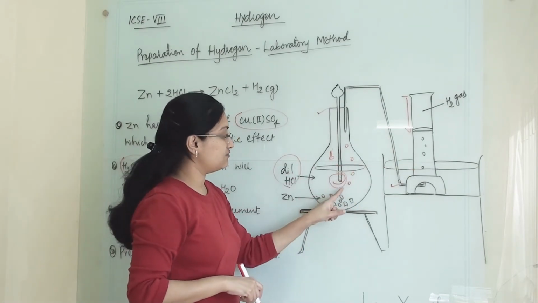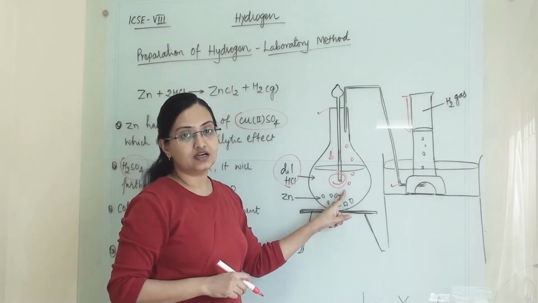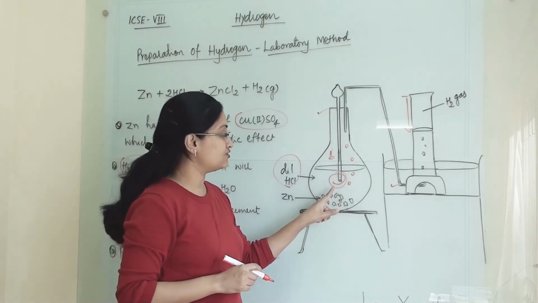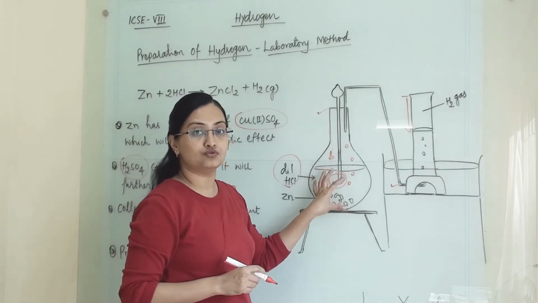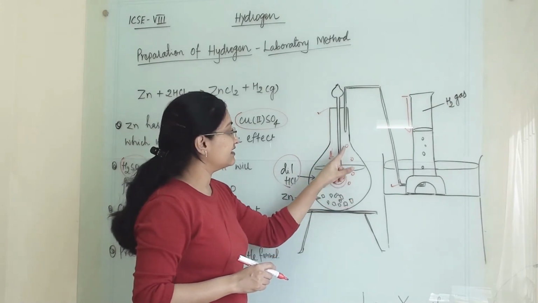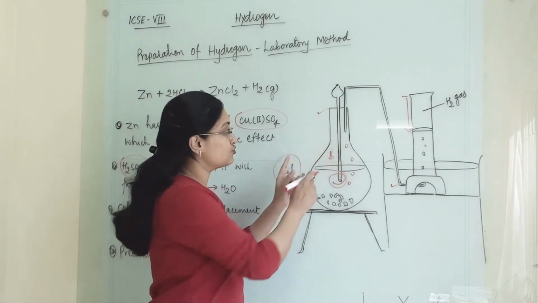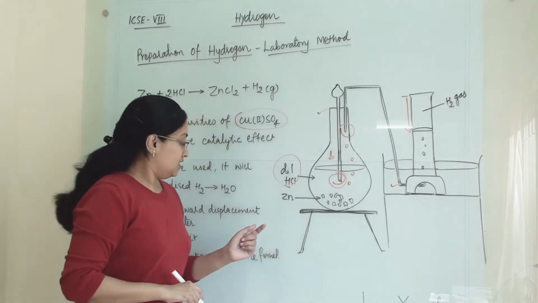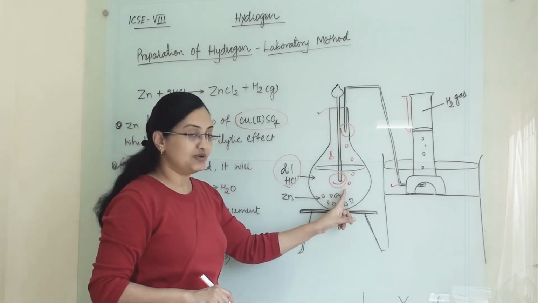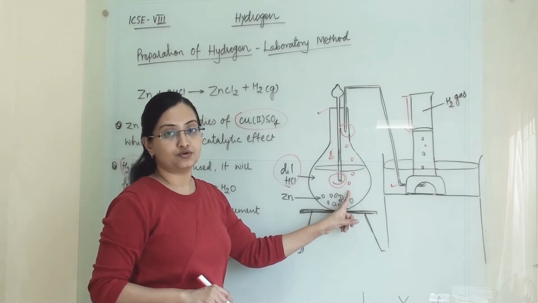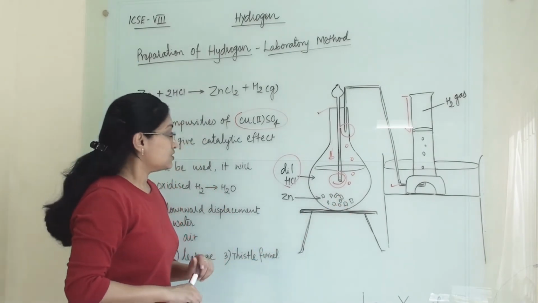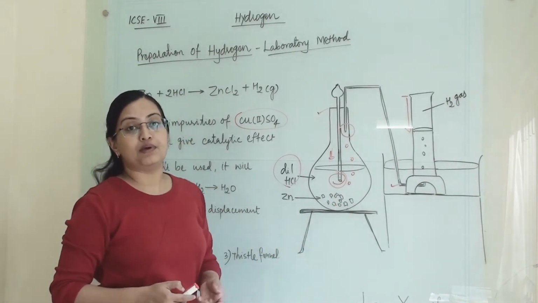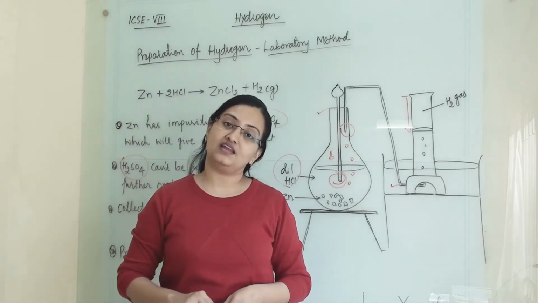So this thistle funnel should dip inside the hydrochloric acid. Then the hydrogen gas will not escape through the thistle funnel, and the gas has only one way to come out, that is our gas tube. So the thistle funnel's point should be dipped inside the hydrochloric acid solution. So this is how we can prepare hydrogen gas via the laboratory method.